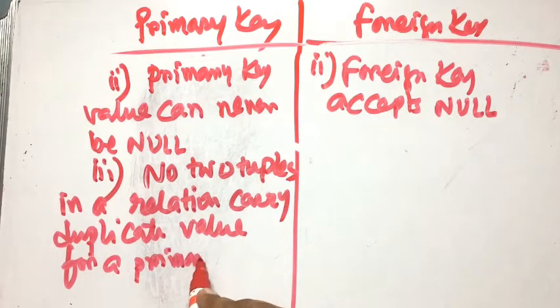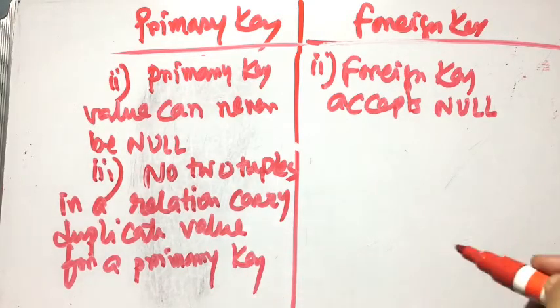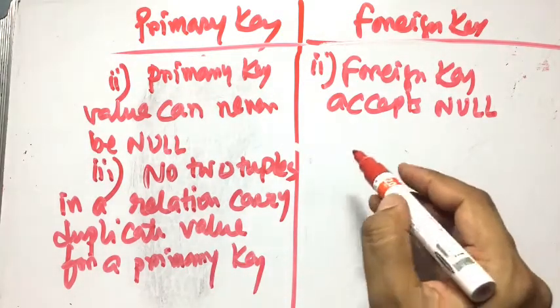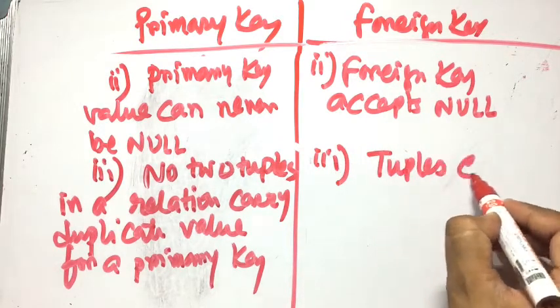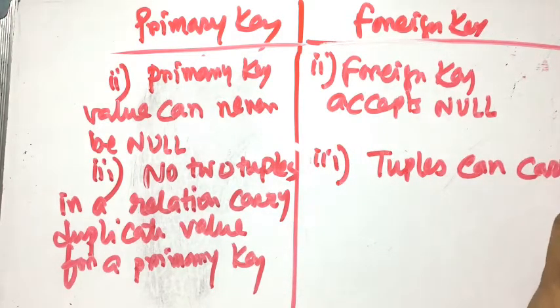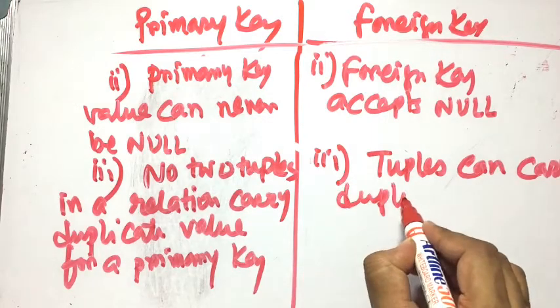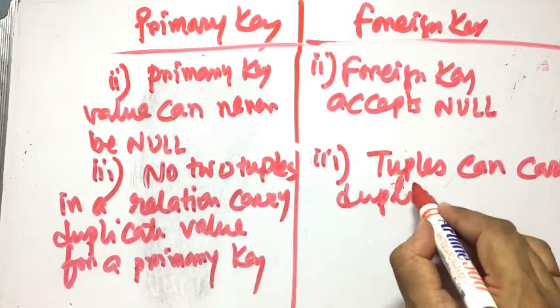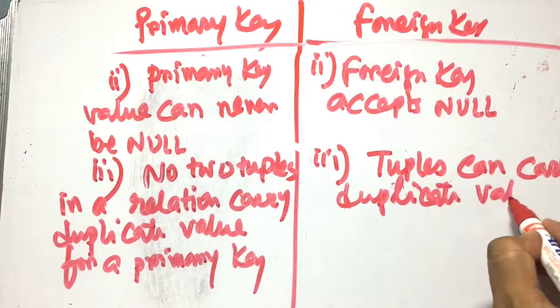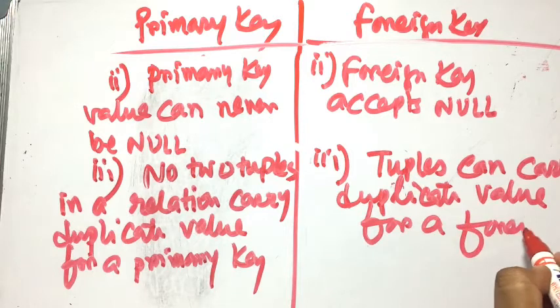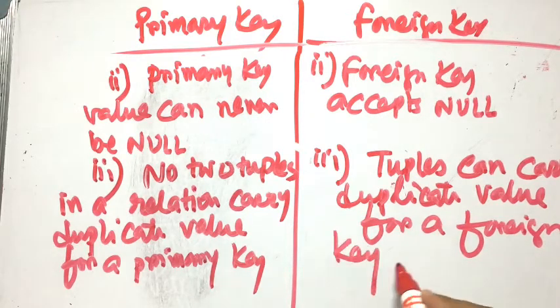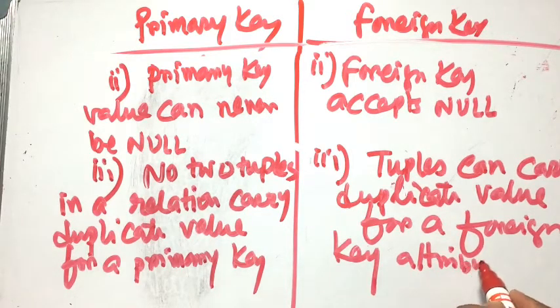But tuples can carry duplicate values for a foreign key attribute. So this is the third difference.